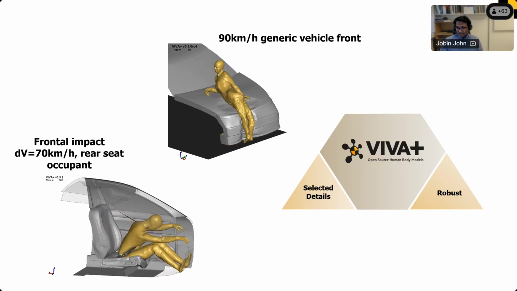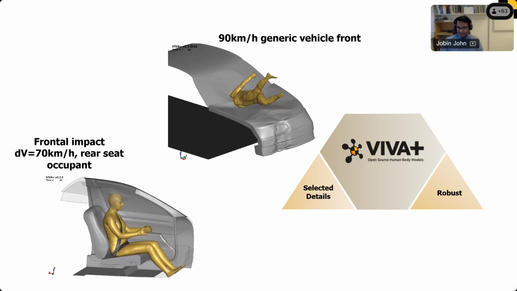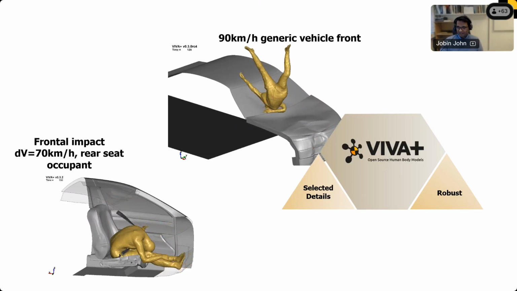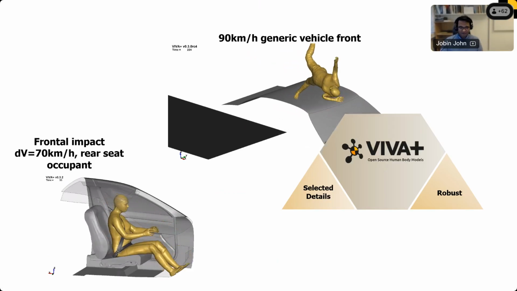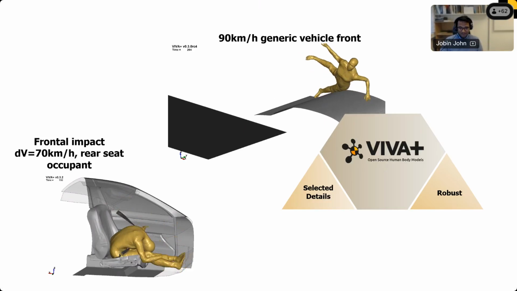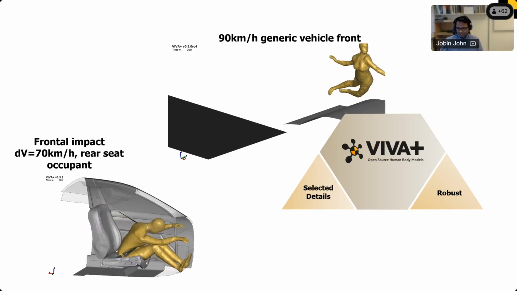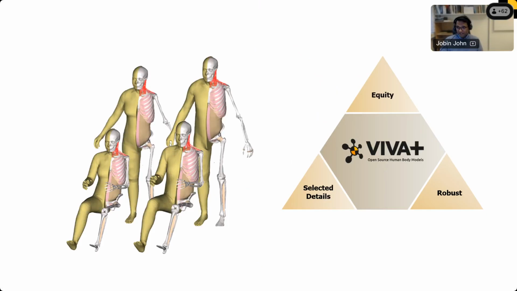That gives us a really robust model, for example for a 90 kilometers an hour crash for a pedestrian, or a 70 kilometers an hour delta V for a rear seat occupant.